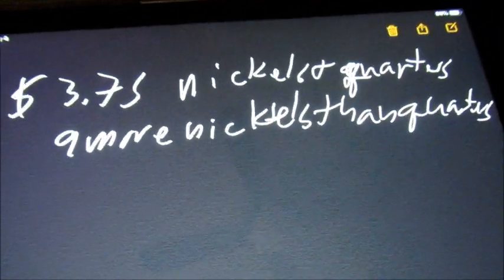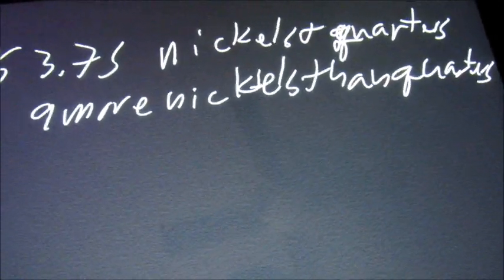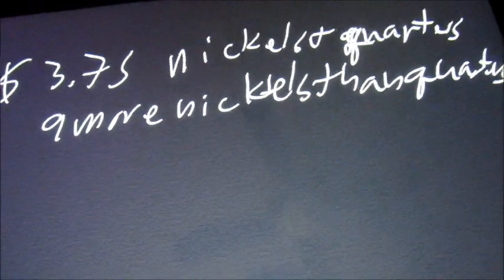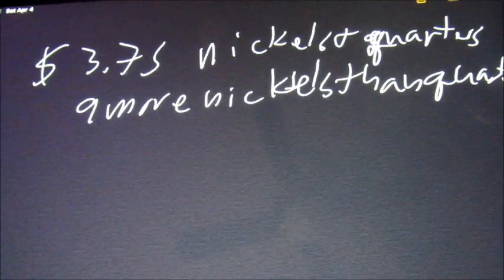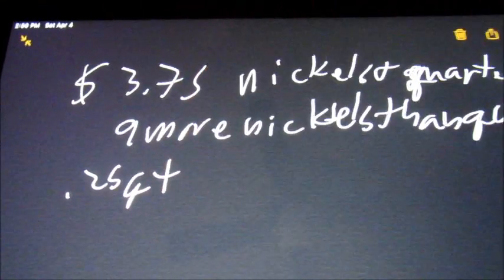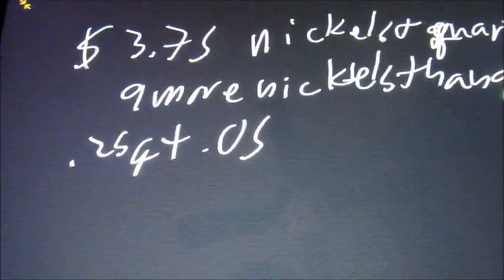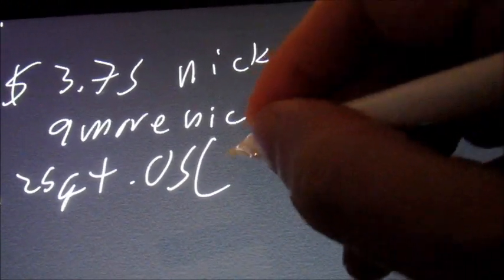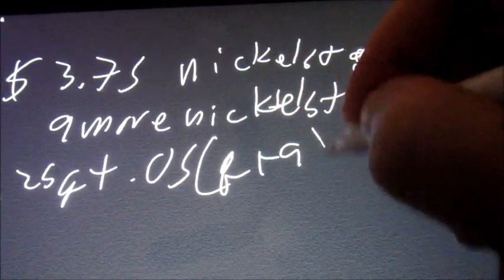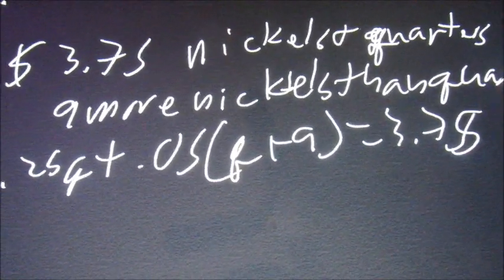So now we're going back to what we did before, where we have no idea how many quarters we have, but we know that our nickels is quarters plus 9. So we're going to use that same thing, 0.25Q plus 0.05 for a nickel, but our nickel count is Q plus 9, and that equals 3.75.